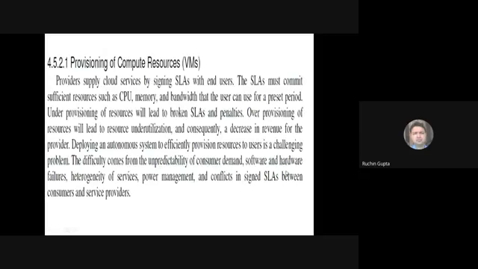Okay, so the service provider has to meet the requirements of all the customers, all the consumers, and the service provider is expected to satisfy all the conditions listed in the SLAs for different customers, for different consumers. Okay, so these are the main difficulties to provision the resources in real time for the different consumers.